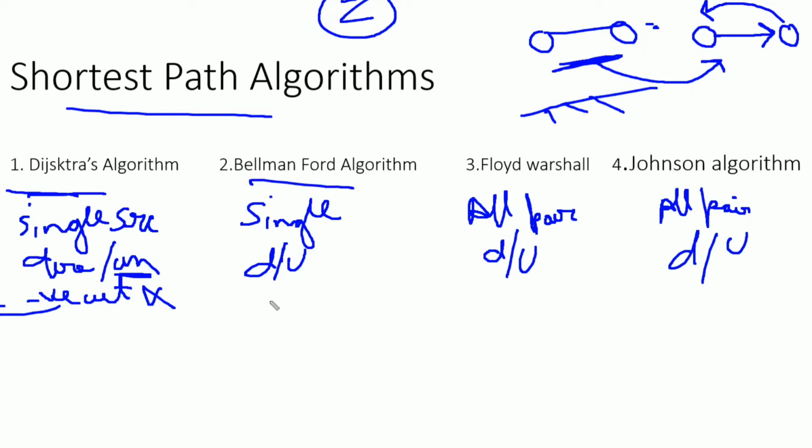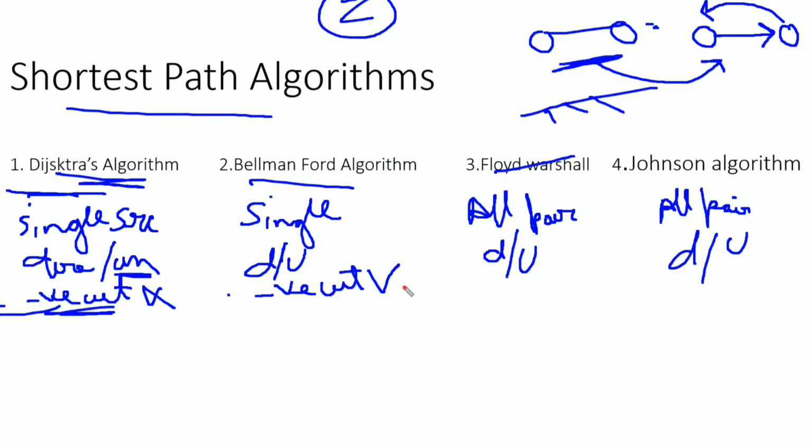But for the Bellman-Ford algorithm, negative weight edges are fine. So if a graph has negative weight edges and we need to find the shortest path, we cannot use the Dijkstra algorithm because it does not perform for negative weight edges.